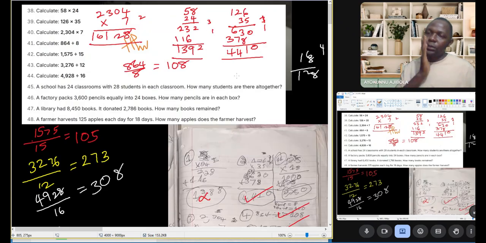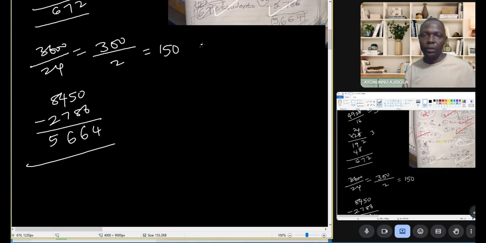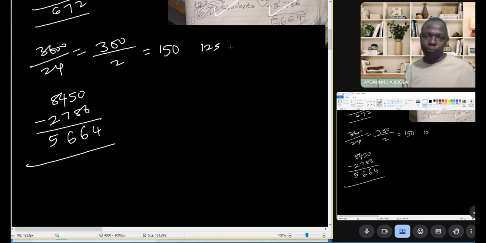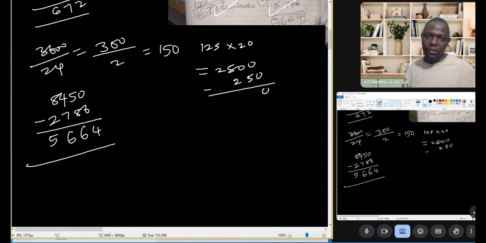And the last one says a farmer harvests 125 apples each day for 18 days. How many apples does the farmer harvest? That is 125 times 18. 125 times 20. Why am I multiplying by 20? 125 times 2 is 250. So minus 250. This is 5.